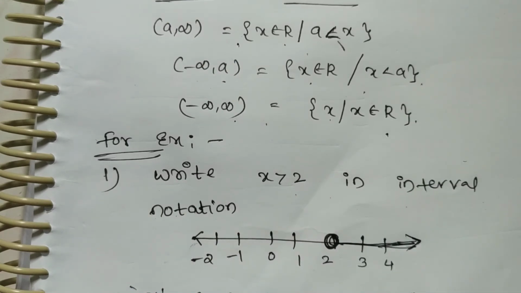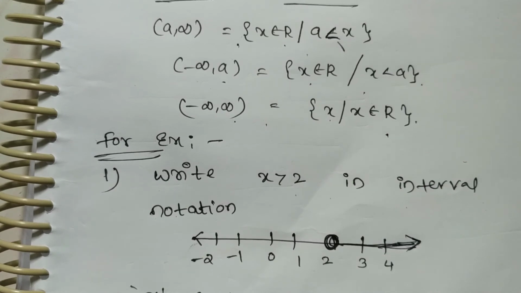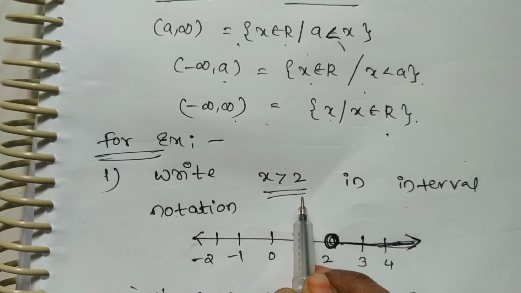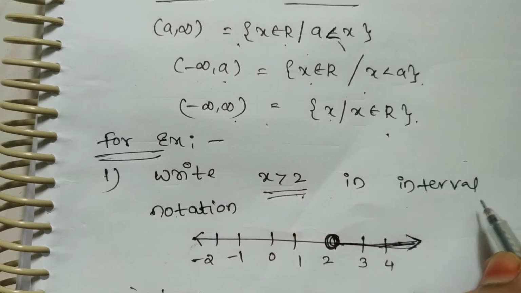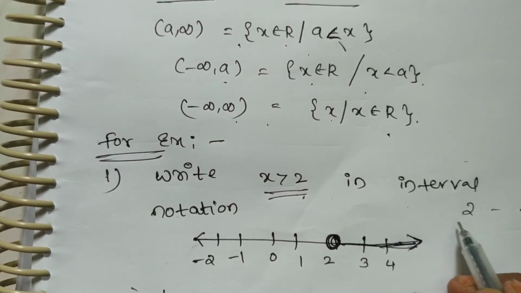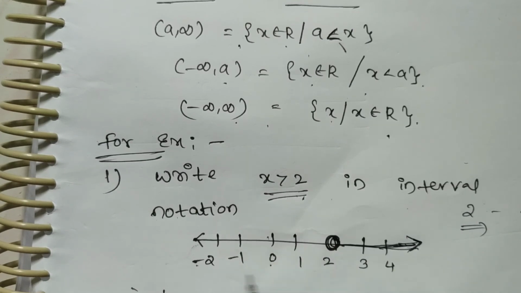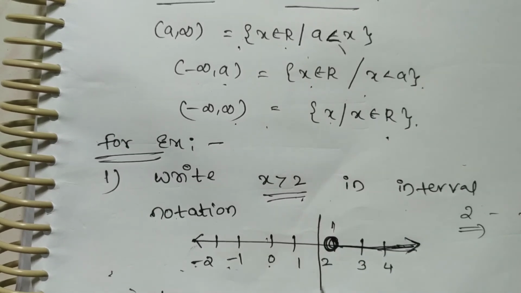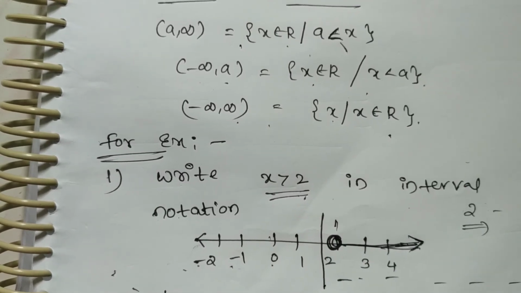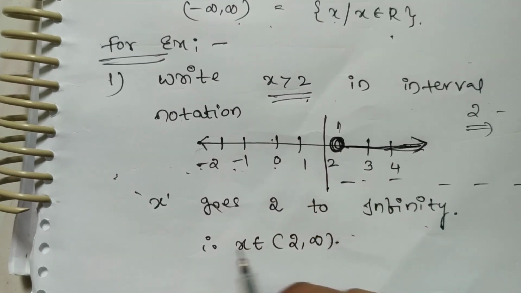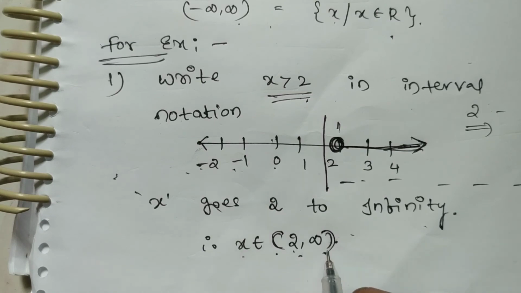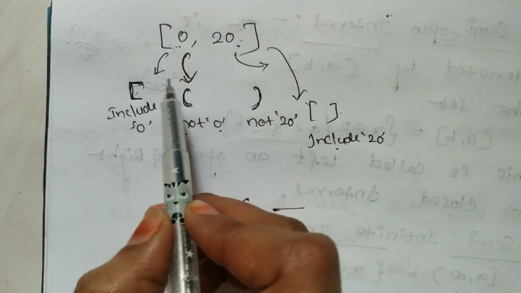So x is greater than 2, that is, x values from 2 to infinity. The values go from 2 up to infinity, so this can be written as x belongs to (2, ∞).